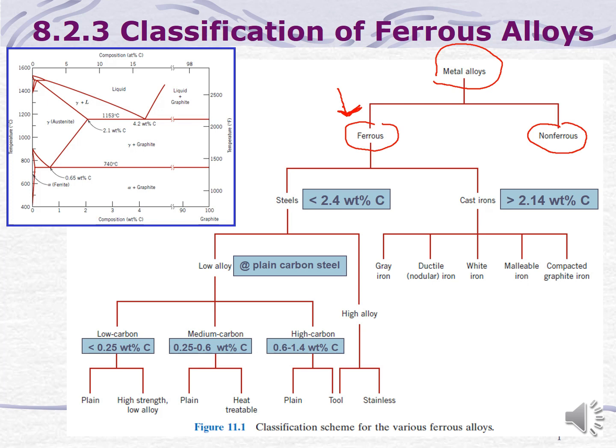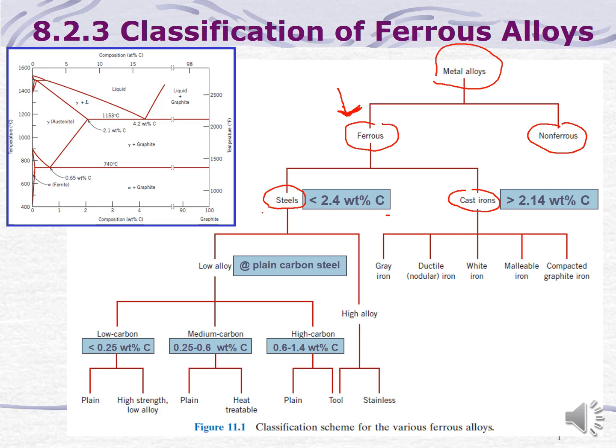These ferrous alloys are divided into steel and cast iron. There are several types of groups under both steels and cast iron.